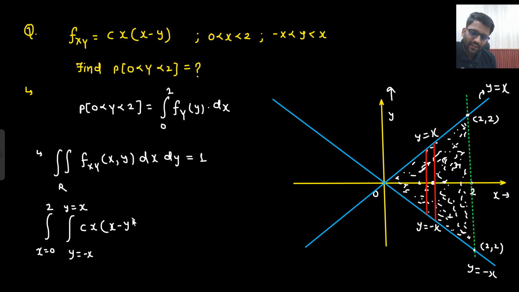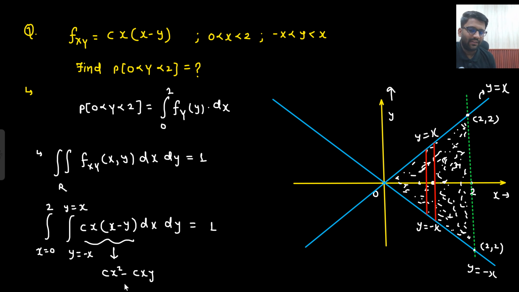The integral of cx(x minus y) dx dy should equal 1. Now this integration you should be able to solve. This time there is a minus sign in between, so you have to break the integration. That gives cx square minus cxy.